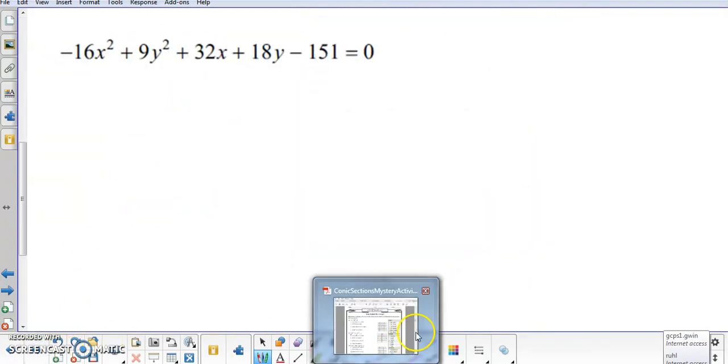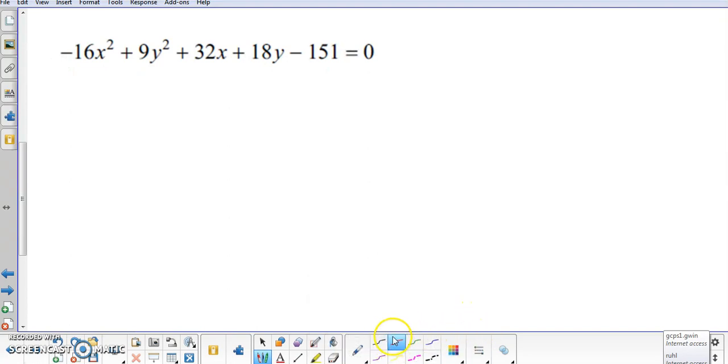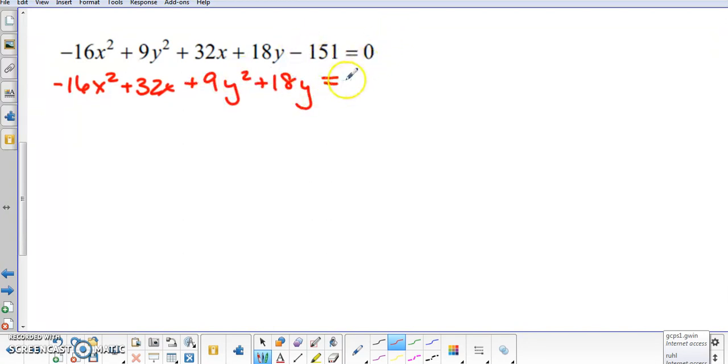Alright. Okay, so right here, I'm going to complete the square. I'm going to rewrite this with my x's together and then my y's together, and I'm going to get that number over to the other side.